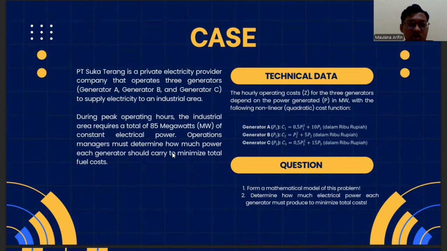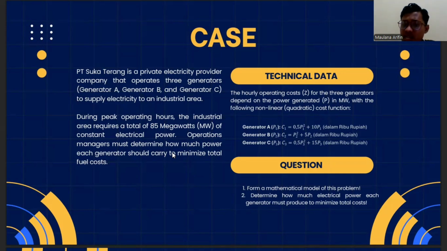During peak operation hours, the industrial area requires a total of 85 megawatts of constant electrical power. The operation manager must determine how much power each generator should carry to minimize total fuel cost.